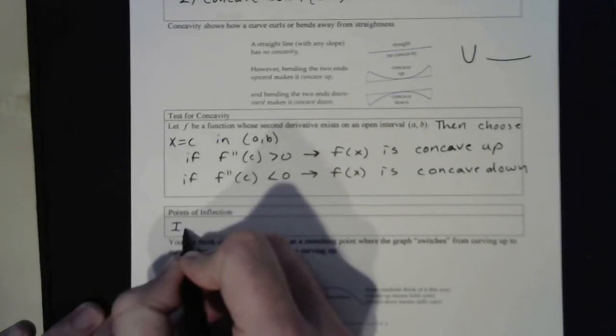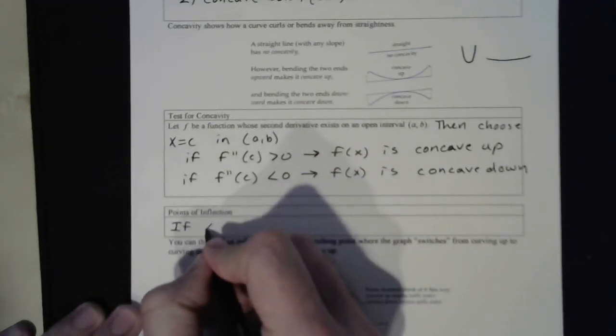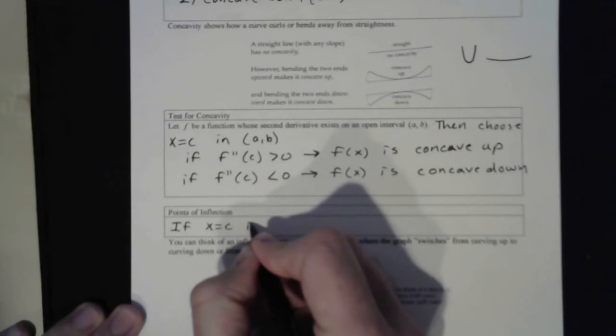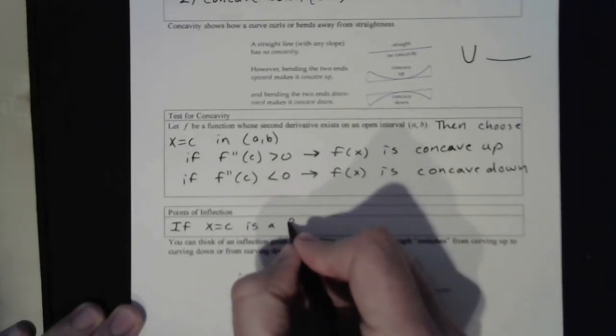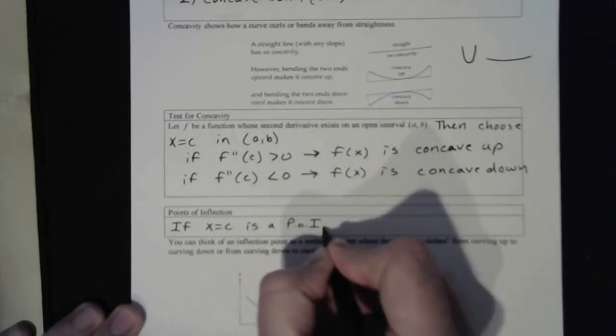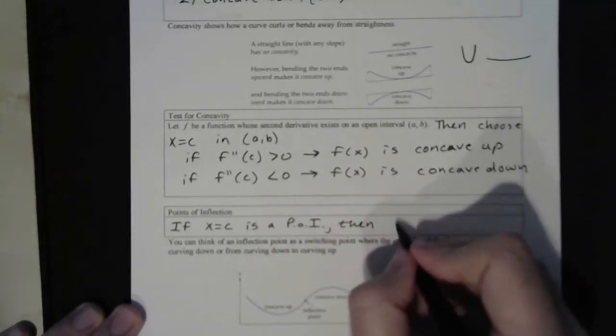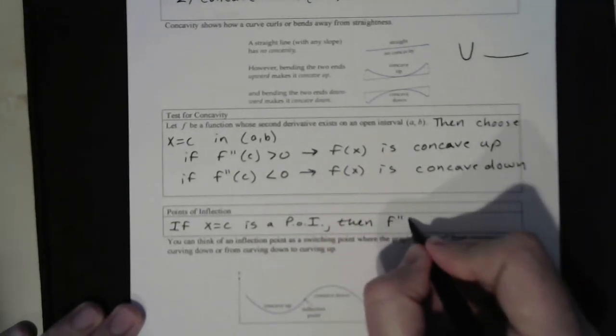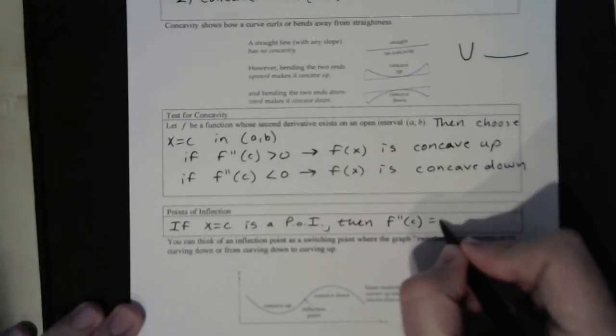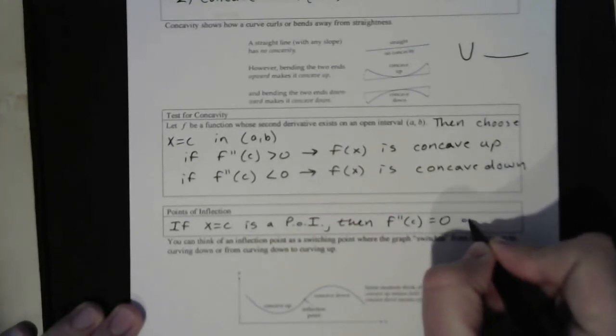If x equals c is a point of inflection, which I'm going to call POI, then f double prime of c equals 0 or is undefined.